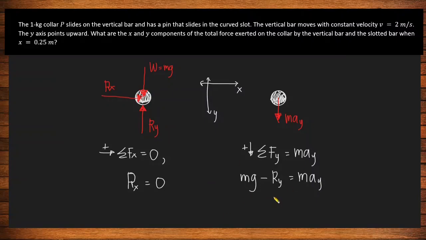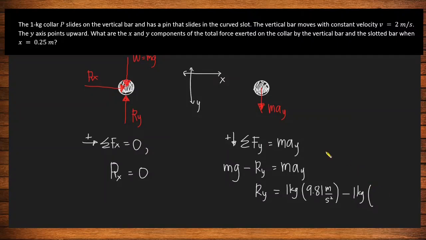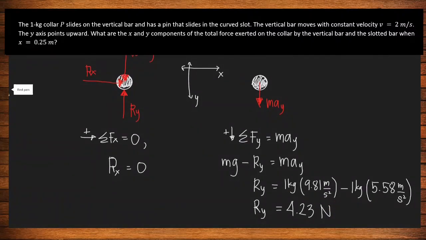So, solving for Ry here, isa-substitute lang natin yung mga values from our problem. So, now we have the value for the vertical component of our reaction or our contact force, and that is equal to 4.23 newtons. And yung direction naman is upwards. Tama yung initially assumed direction natin para sa kanya.